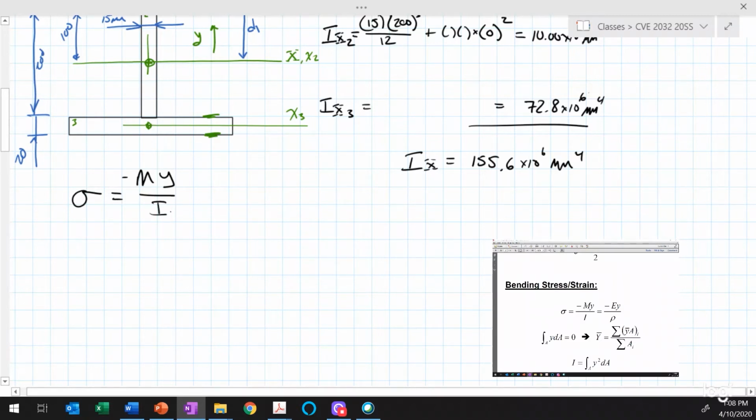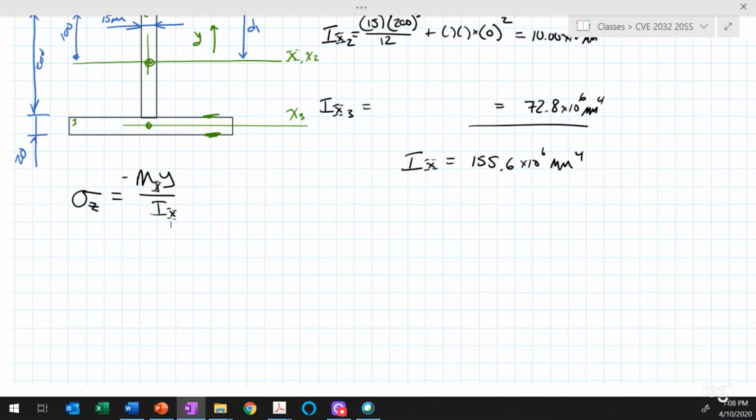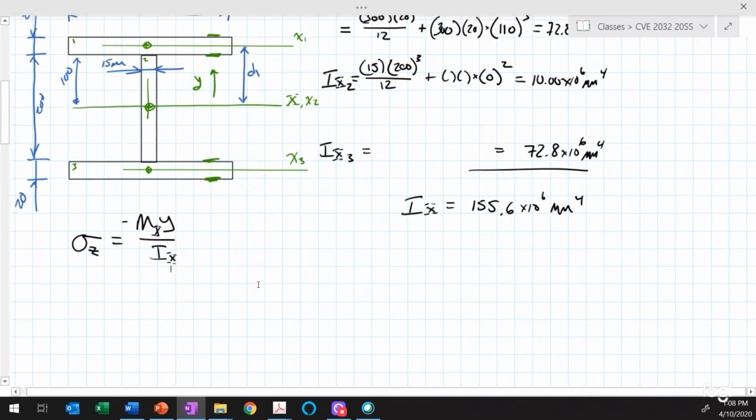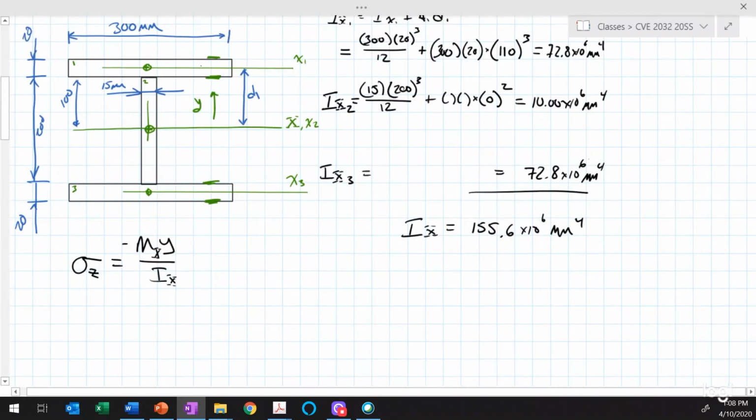Now this is going to be the stress sigma in the z direction as a function of the moment that is acting about the x-axis, and thus we need the moment of inertia about the x-axis as well. When I'm looking for the stress in the top flange, I'll put in y for the top of the top flange of 120 millimeters.